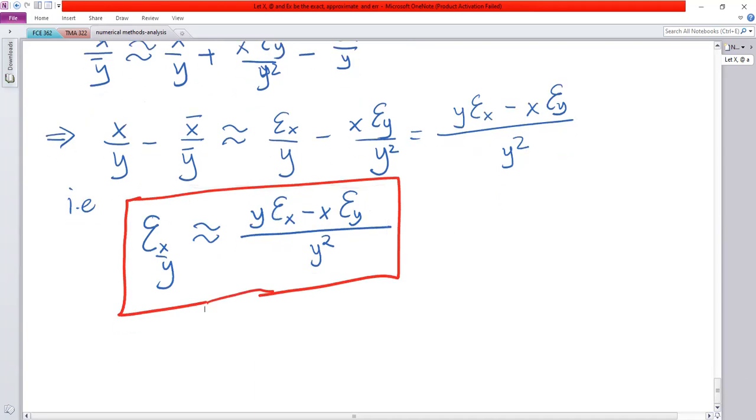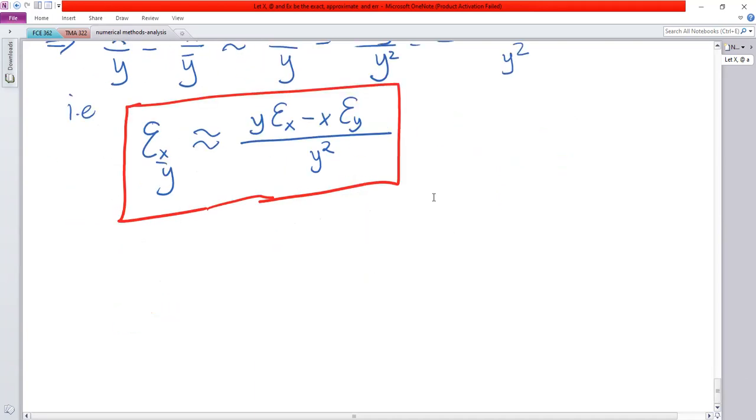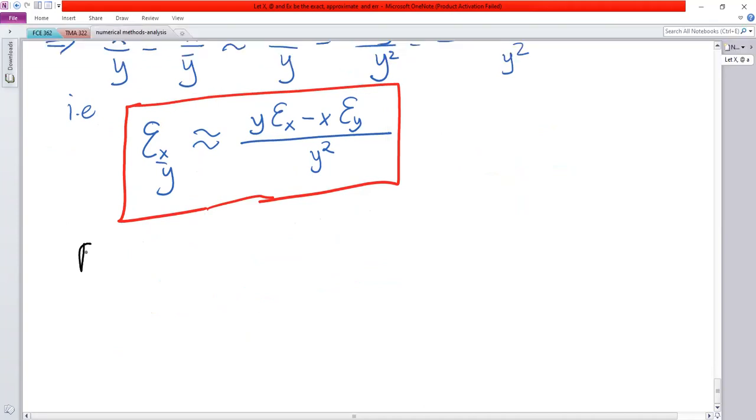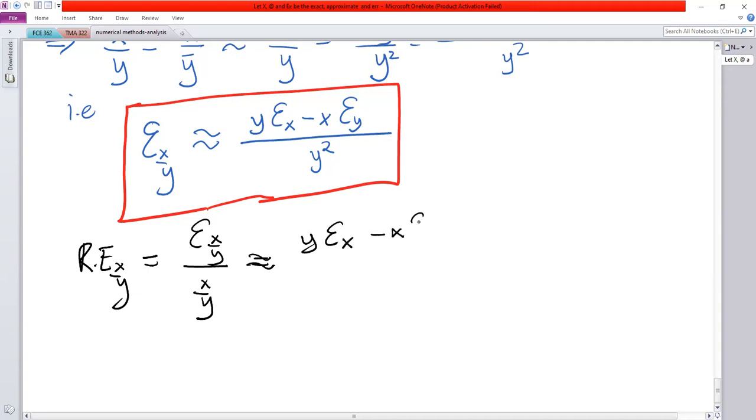Now, the relative error in the quotient will be the error in the quotient over the true quotient, which will be approximately y error in x minus x error in y over y squared divided by x over y.